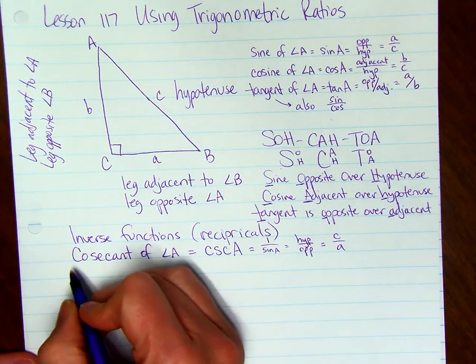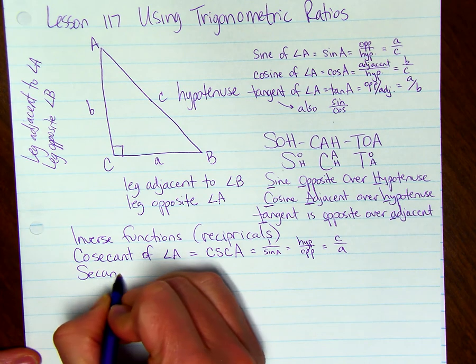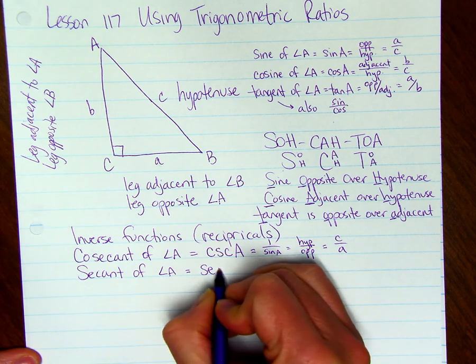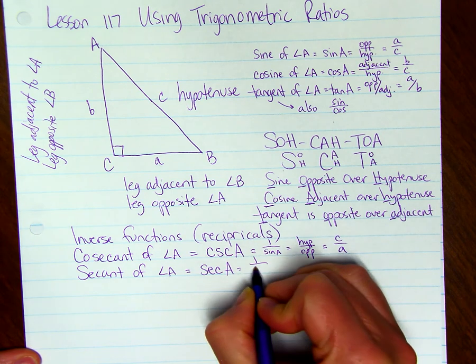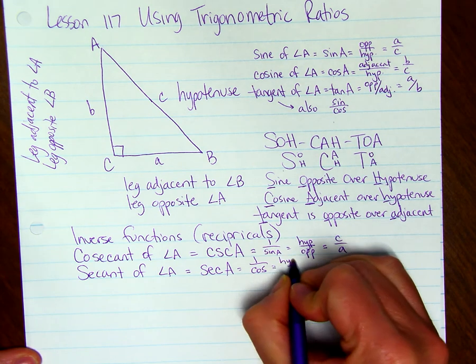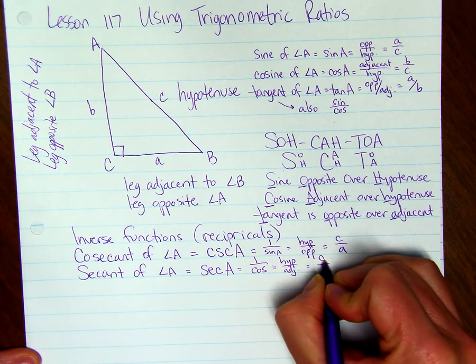And then the inverse of cosine is called the secant. To find the secant of angle A, we write sec, and that's just 1 over cosine, which is the hypotenuse over adjacent, or c over b.